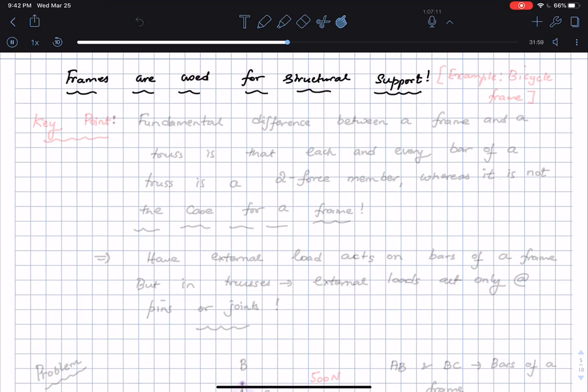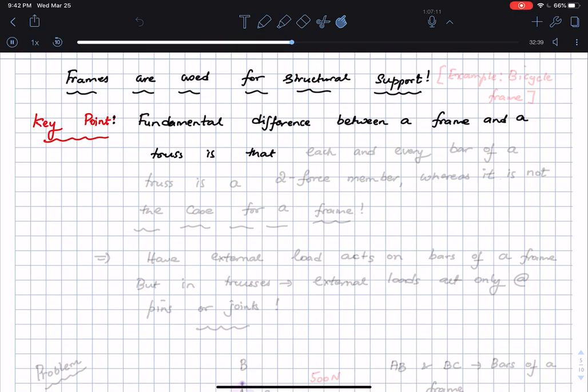So I'm going to write this as a key point. A fundamental difference between a frame and a truss is that when we looked at trusses, we always knew each and every bar of a truss to be a two-force member.